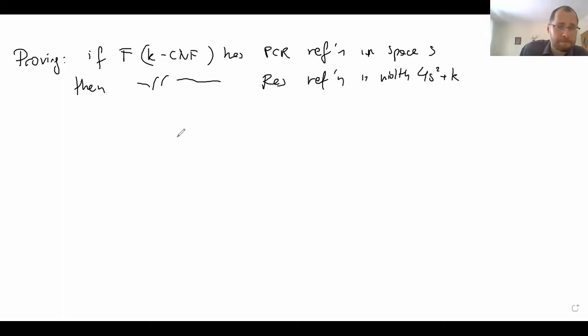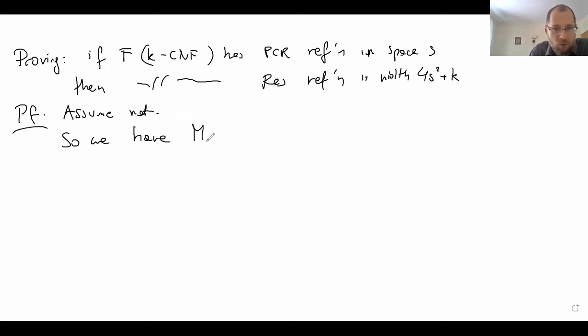We'll do it this way. So assume not. We have M1 through MT, a PCR refutation in space S, and that's one thing that we have.